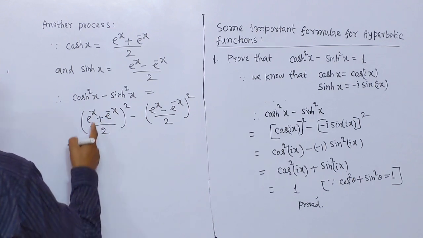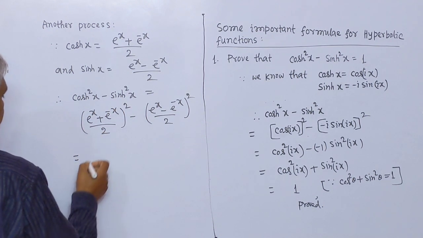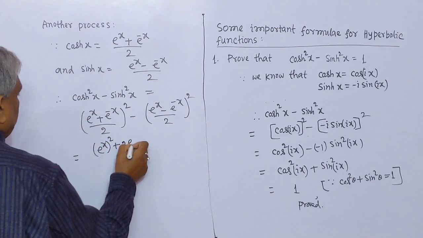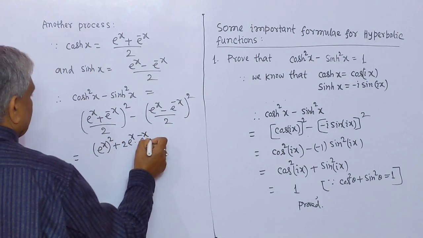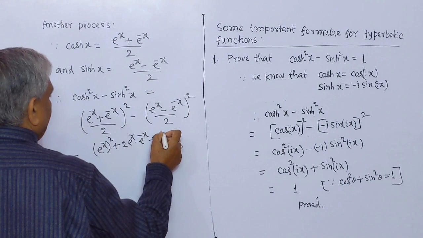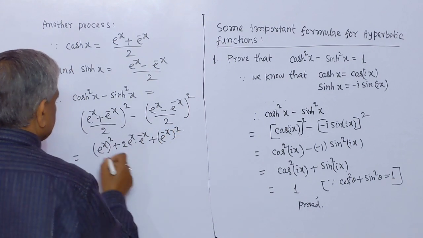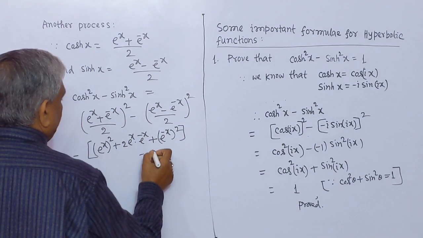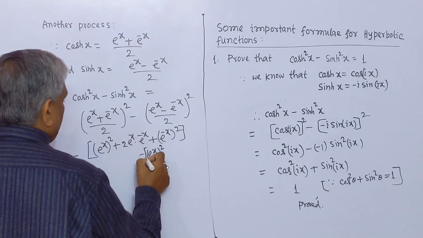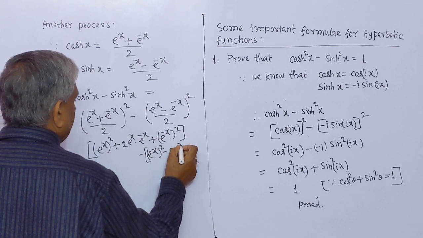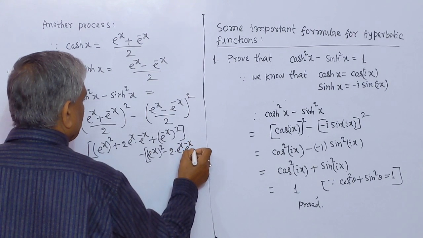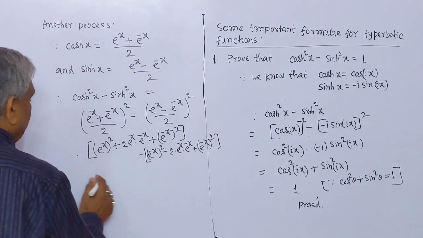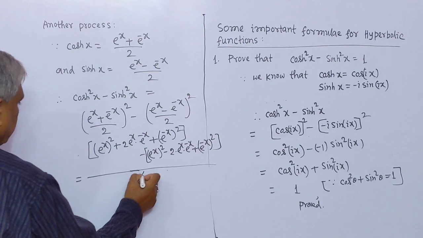a plus b whole square is equal to a square plus 2ab plus b square, means e to the power x whole square plus 2 e to the power x multiply e to the power minus x plus e to the power minus x whole square, minus e to the power x whole square minus 2 e to the power x multiply e to the power minus x plus e to the power minus x whole square, and total by 2 square 4.